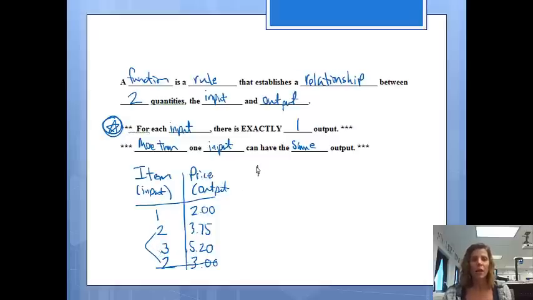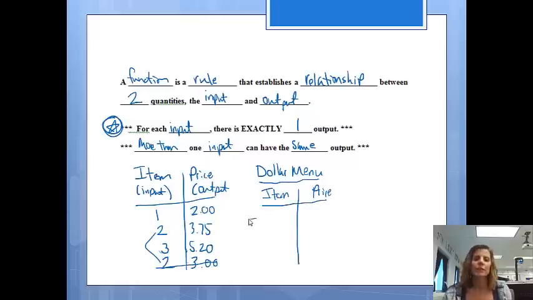Now I'm going to think about the dollar menu, maybe it's $1.10 now or whatever, at McDonald's. We're still going to have the item as my input, and the price as my output. It's getting close to Christmas time, so let's say I want an eggnog shake. Well, actually, that would not be on the dollar menu.